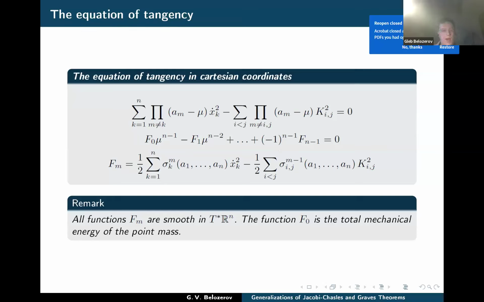So any tangent line to a geodesic touches n minus k minus 1 common confocal quadrics. This is the idea of the proof of the theorem.